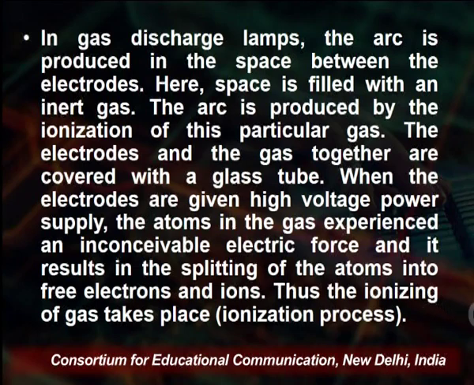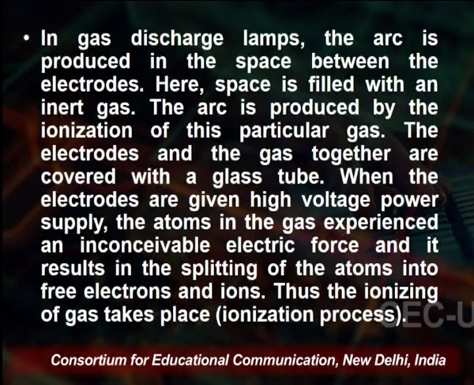Now, in the gas discharge lamp, the arc is produced in the space between the electrodes, and this space is filled with an inert gas. The arc is produced by the ionization of this gas because of the electric current passed through it. The electrodes and the gas together are covered with a glass tube.